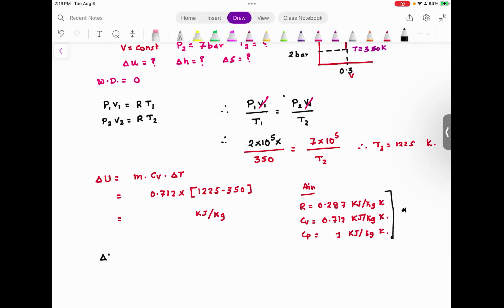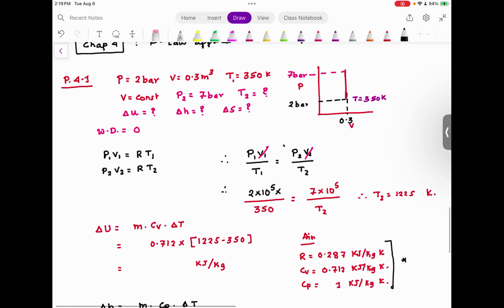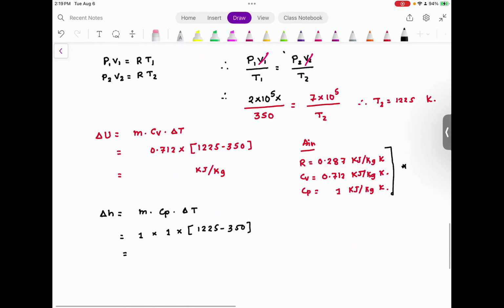Delta H is M Cp delta T. M is 1, Cp is 1, delta T is 1225 minus 350. You can write the answer in kilojoules per kg.